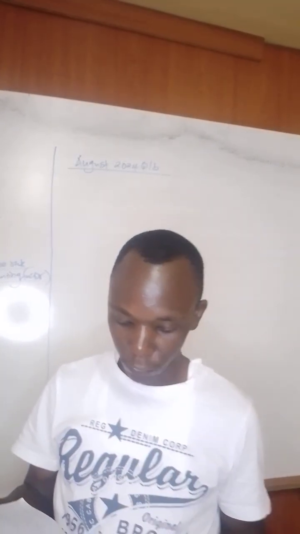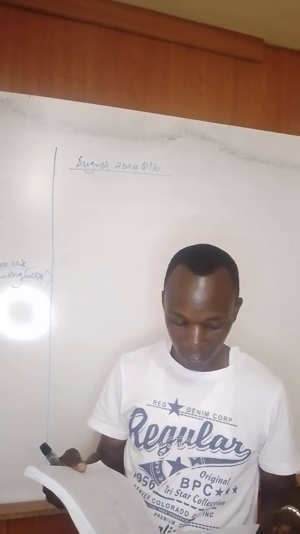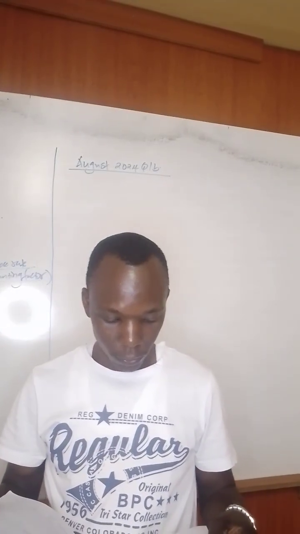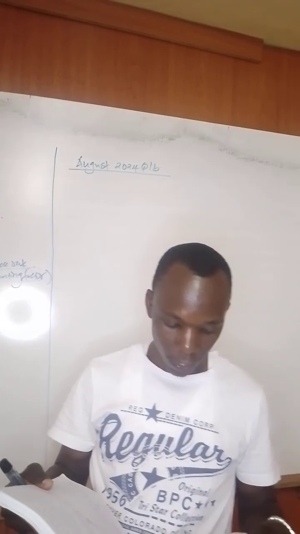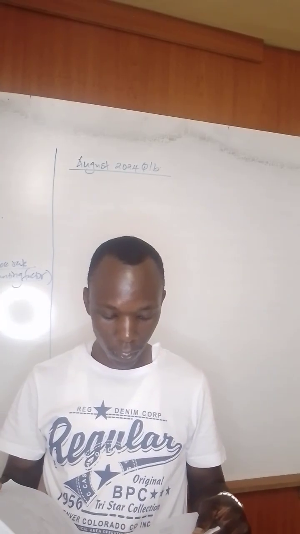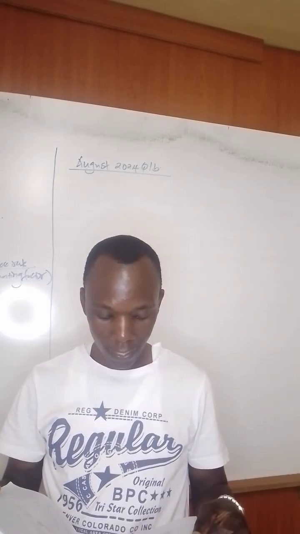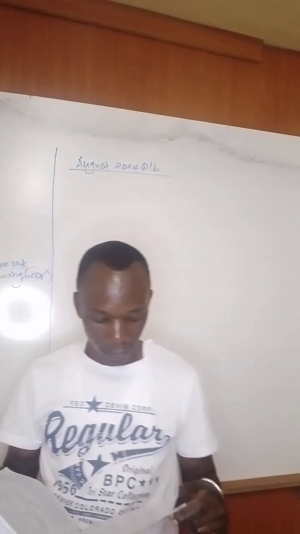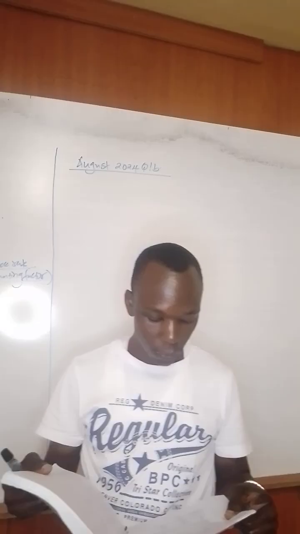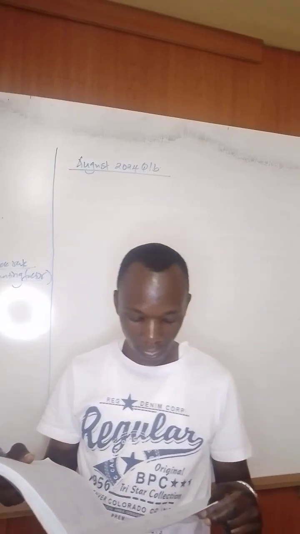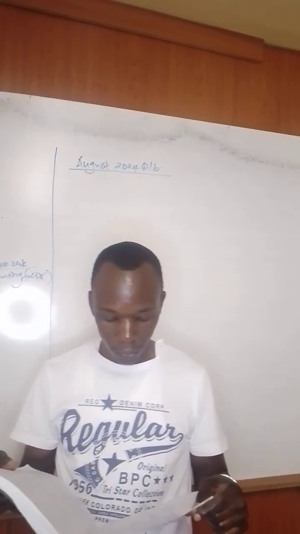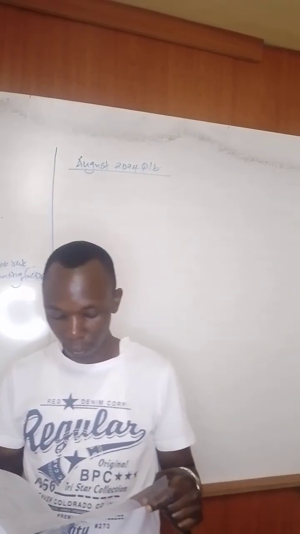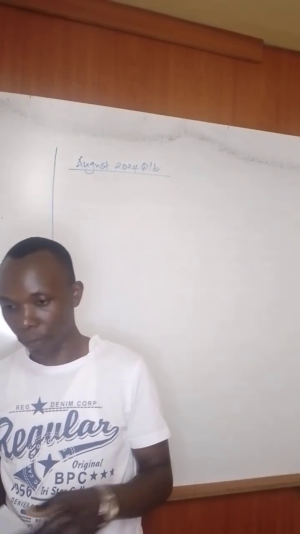The estimated cash flows and certainty equivalents for each project are given. You are also told that the risk-free rate is 5%. Required: advise the company on which project to undertake using the certainty equivalent method.